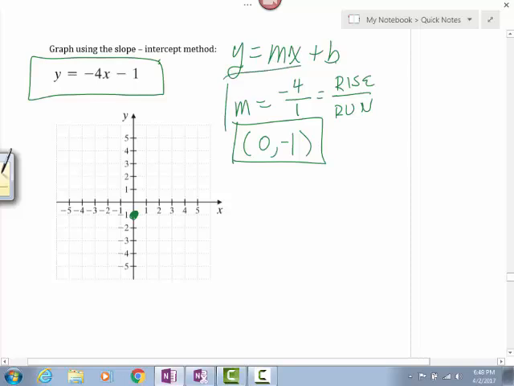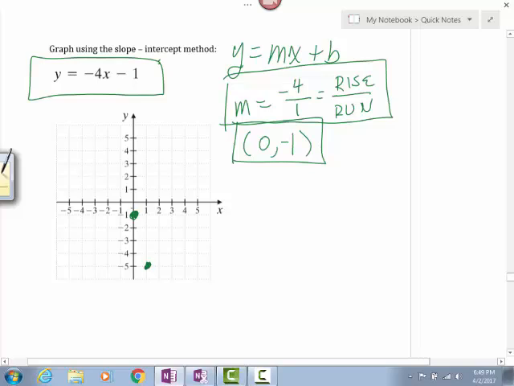Since the slope is -4/1 and it's the rise over the run, since my top number is -4, I'm going to move down from that -1 spot. I'm going to move down 4 spaces. 1, 2, 3, 4, and to the right 1 space.